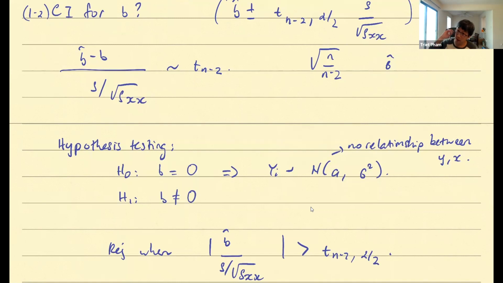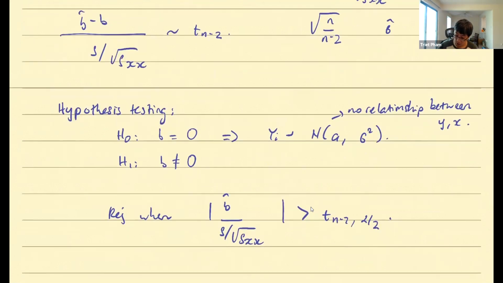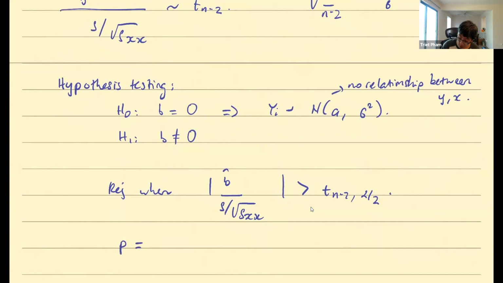The point I want to make is that if you are fluent in hypothesis testing and confidence intervals, it's exactly the same knowledge translated here, just in a different model but with the same concept. Also, what's your p-value? The p-value would be the probability of t_{n-2} bigger than the absolute value of the test statistic. And that's exactly the p-value that the computer program outputs for us.